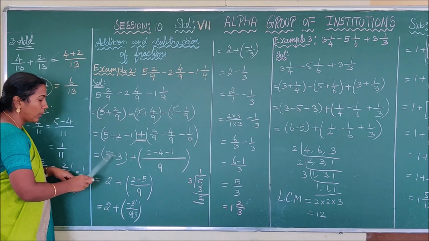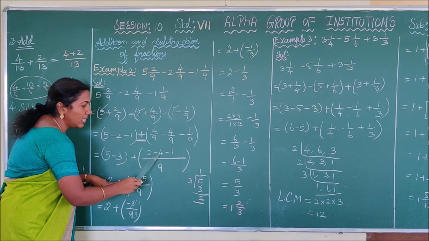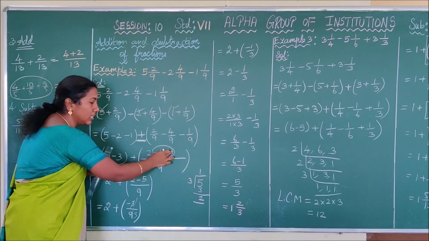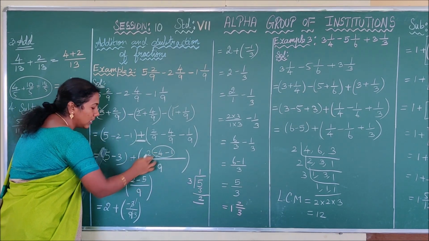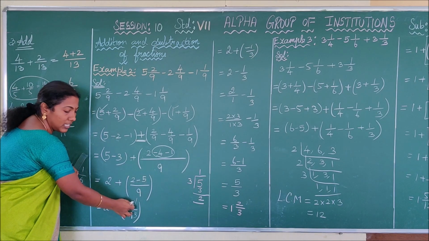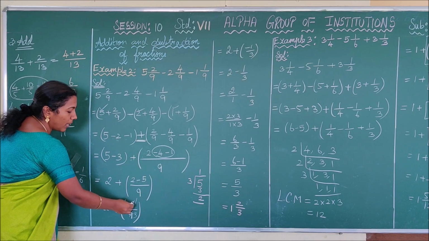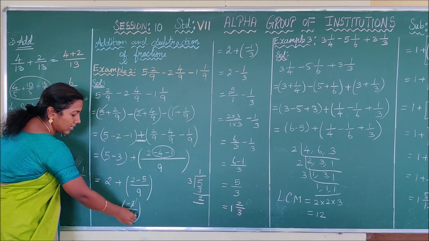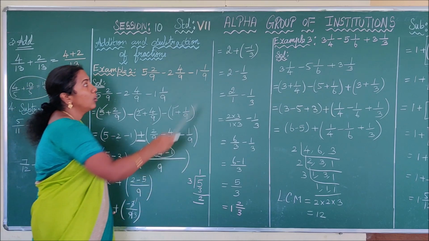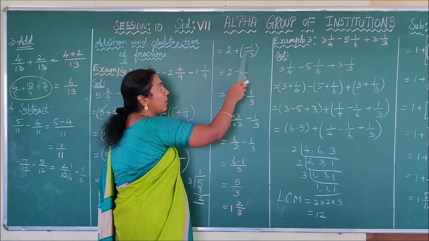Given integers are in same symbol means we can add the two integers and the sum gets the same symbol. Thus we have the answer minus 5. 2 minus 5, what is your answer? Minus 3 and denominator is 9. So minus 3 by 9. 1 3 is 3, 3 3s are 9. So 2 plus minus 1 by 3.